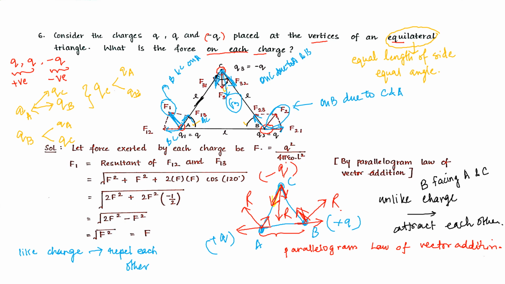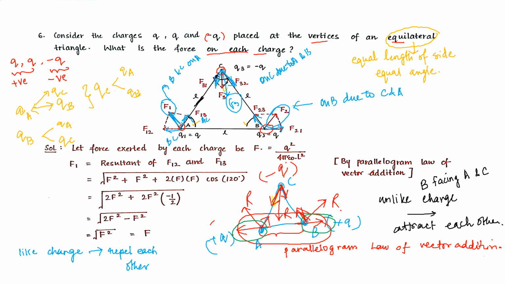But when we consider the system of A and B, they both are same charges, positive Q, which will show the force of repulsion, and hence see where the vector lines are going. Vector lines are going in the opposite direction. One is going right, one is going left, because they are showing the force of repulsion. Okay, so this is how we made the lines.